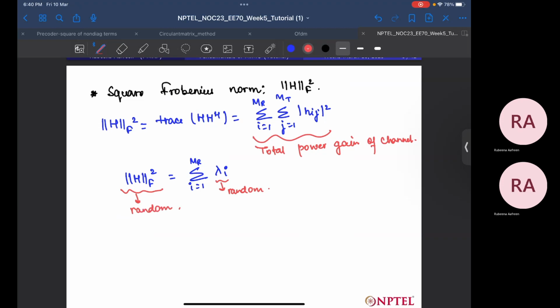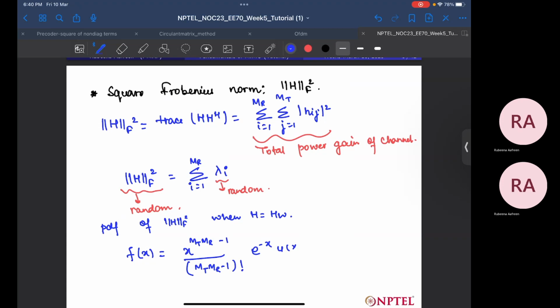So if this quantity is random, then it will have a probability distribution function, right? This we will take for the especially wide channel. So the probability distribution function is given as x to the power of mtmr minus 1 upon (mtmr minus 1) factorial, e to the power minus x, into u(x). This u(x) will ensure that x is greater than or equal to 0.